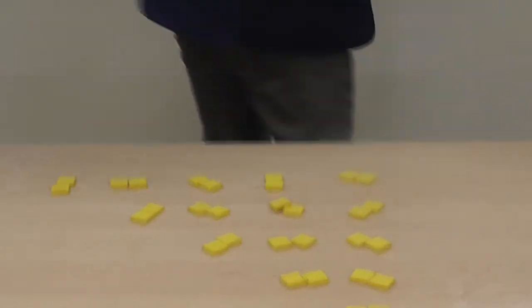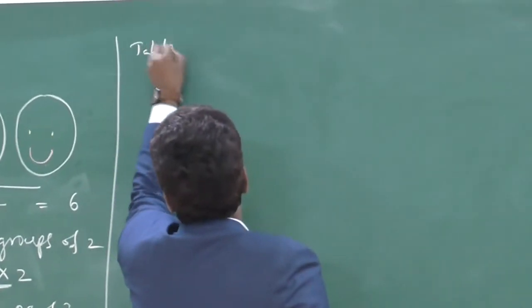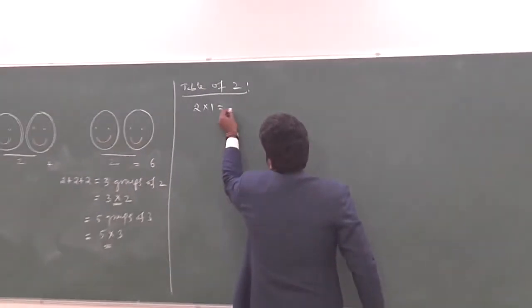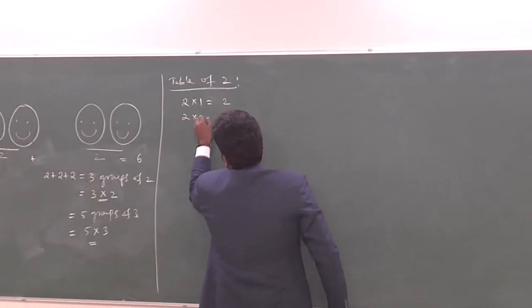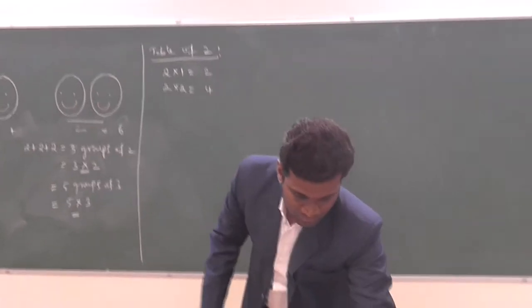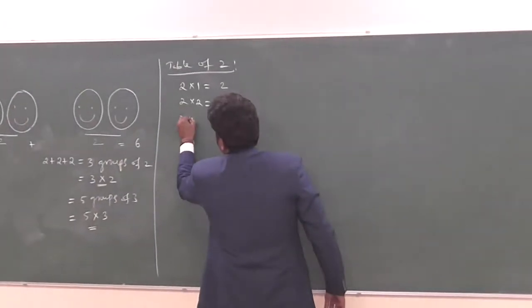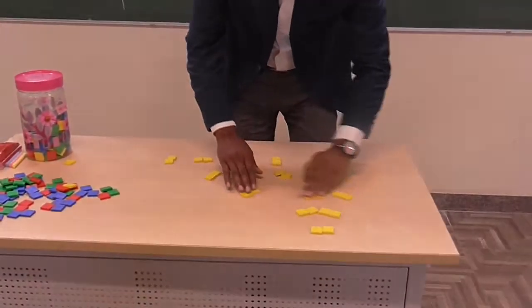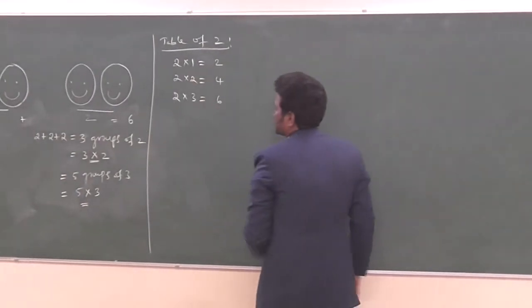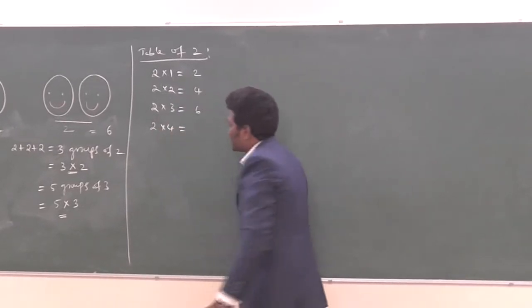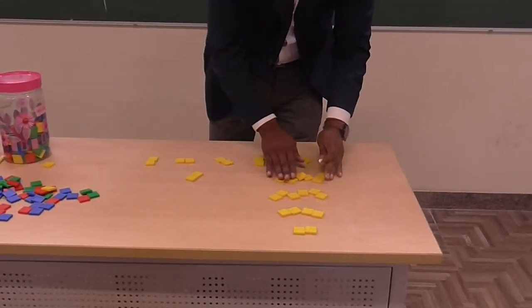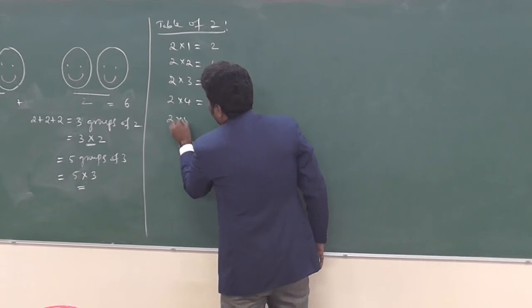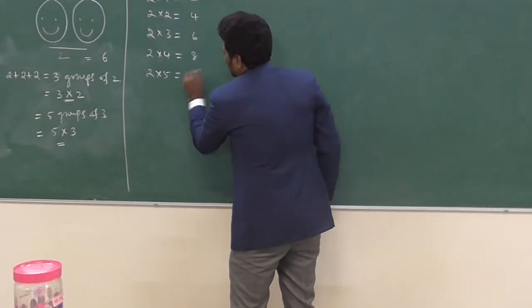So one group of 2, two groups of 2 is equal to 2 plus 2, 4. 3 groups of 2 is 2 plus 2 plus 2, 6, and 4 groups of 2, 2 plus 2 plus 2 plus 2, is 8, and 5 groups of 2 is 10.